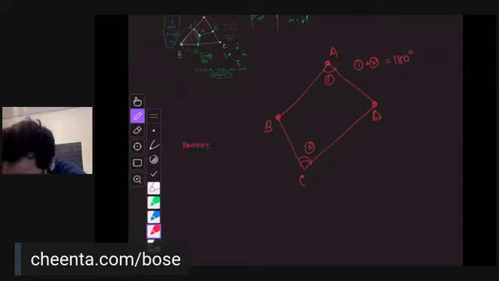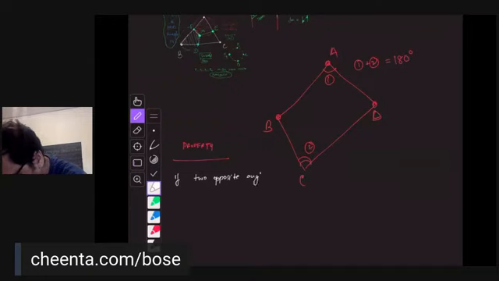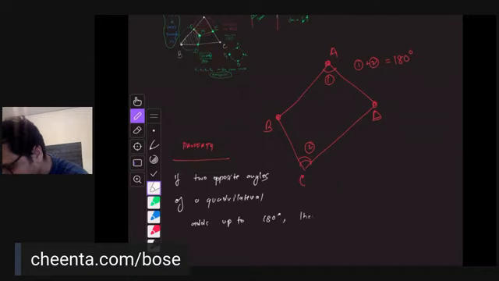So the property is that if two opposite angles of a quadrilateral add up to 180 degrees, then it is cyclic.